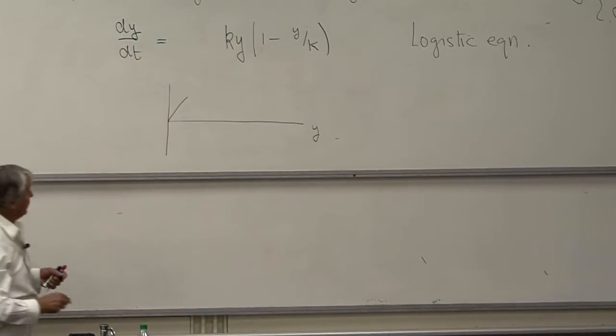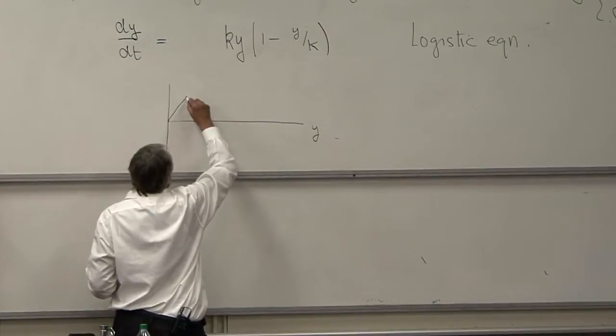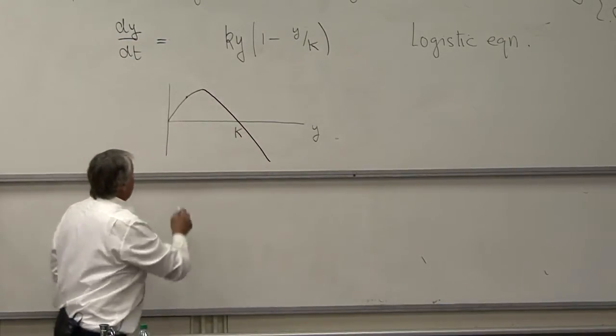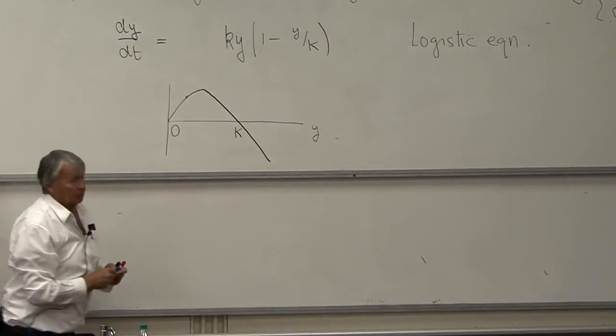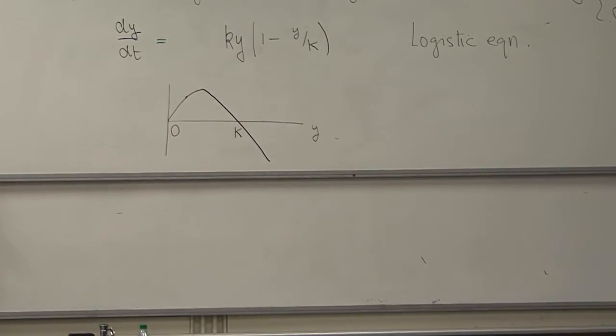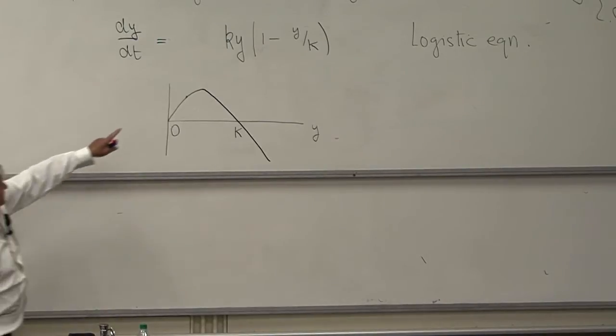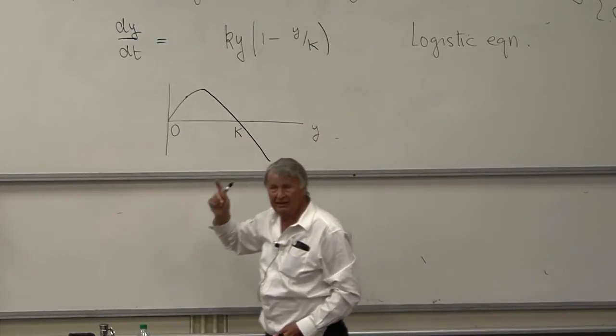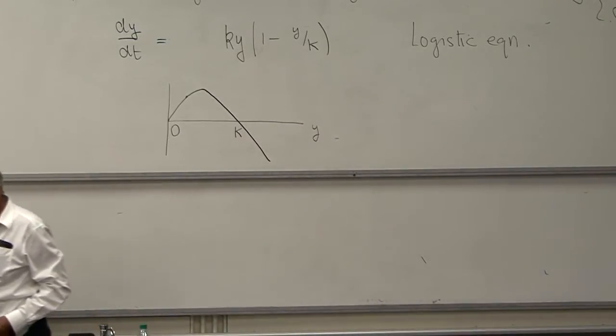So it has to come down, and it has a 0 at K. Yes, this k is the growth rate. This capital K, as we'll see, we'll interpret as a saturation level.